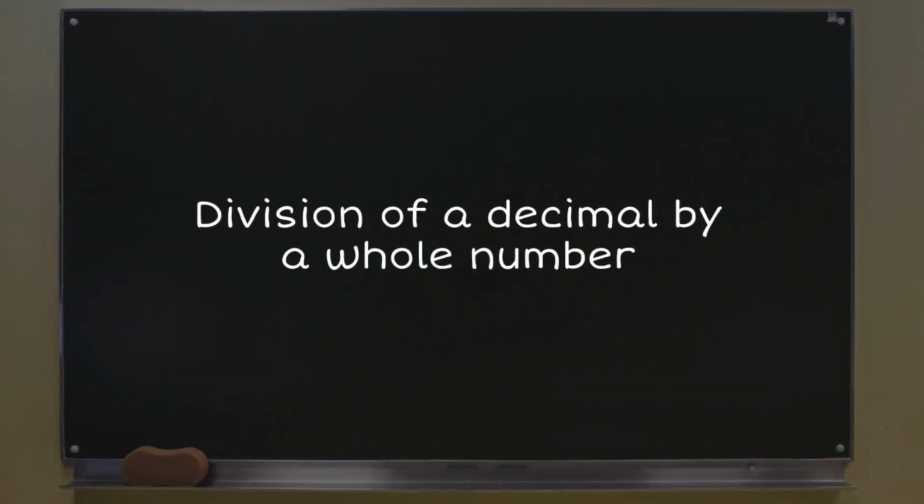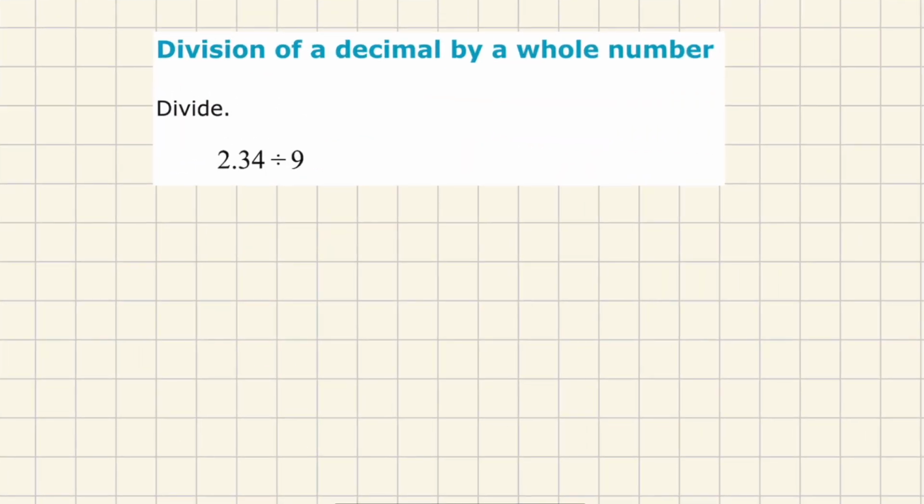Division of a decimal by a whole number. In this example, we're asked to divide the decimal 2.34 by the whole number 9.